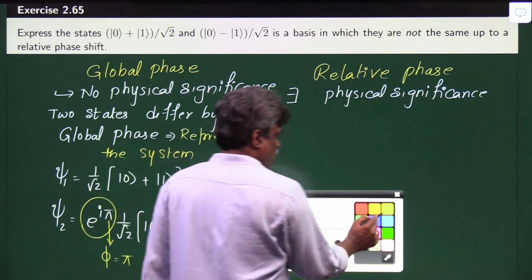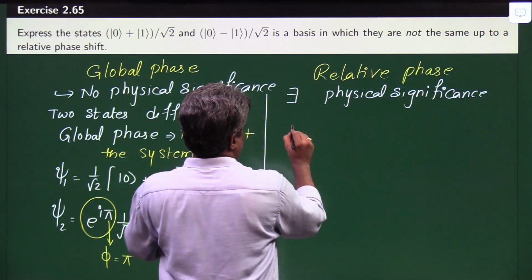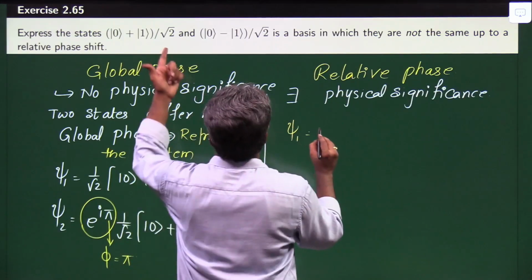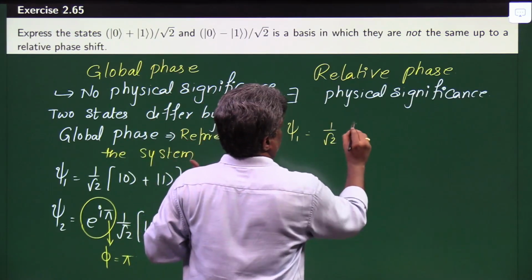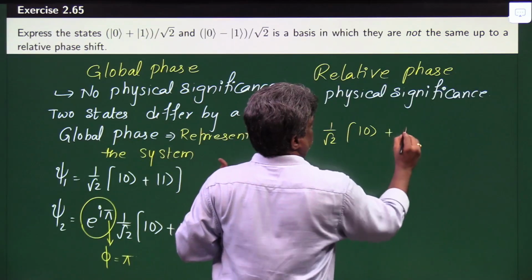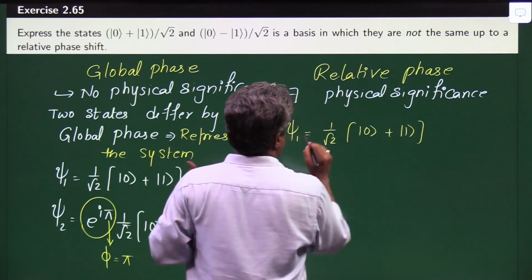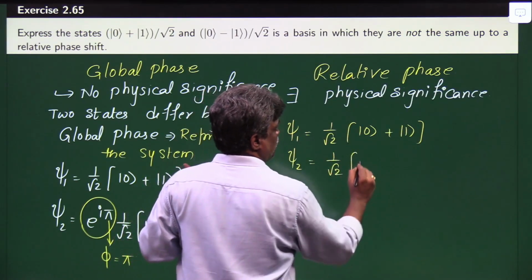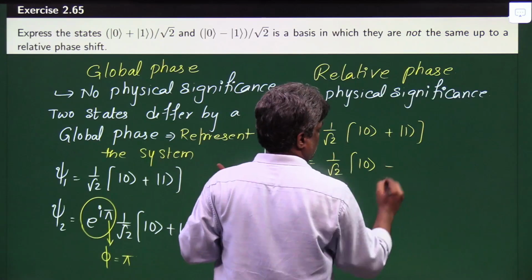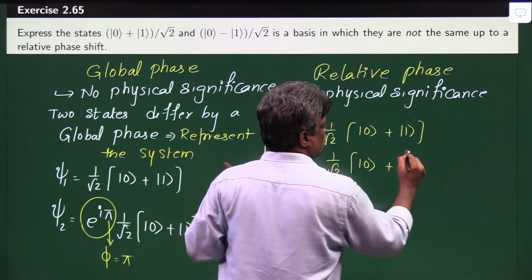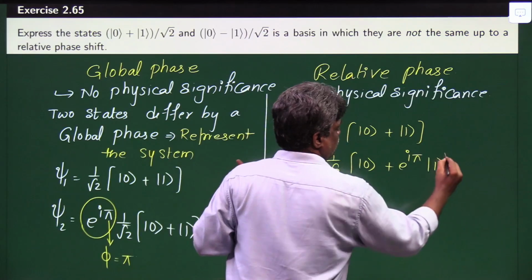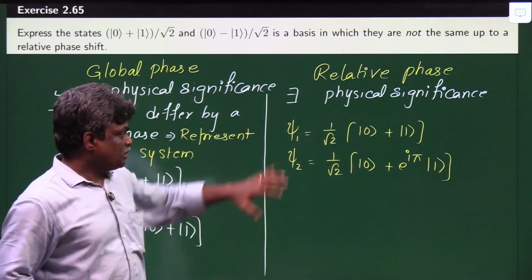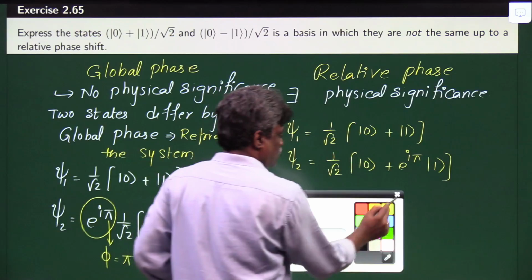Let us say, for example, I have psi 1, which is 1 over root 2, ket 0 plus ket 1, and I am taking psi 2, 1 over root 2, ket 0 plus, and I'm writing this as e raised to i pi times ket 1. Now see, both are quite different.